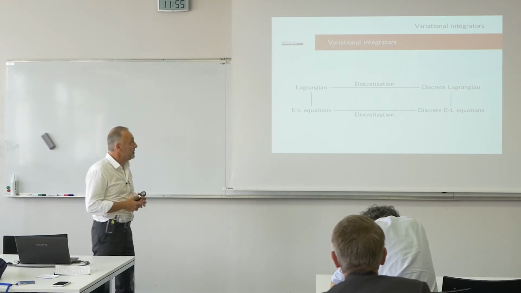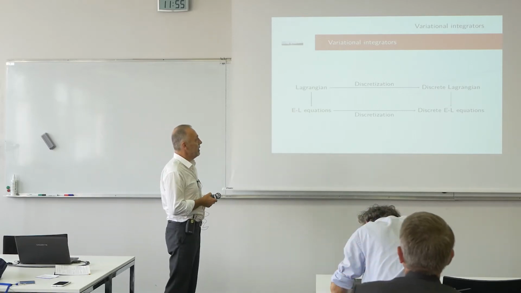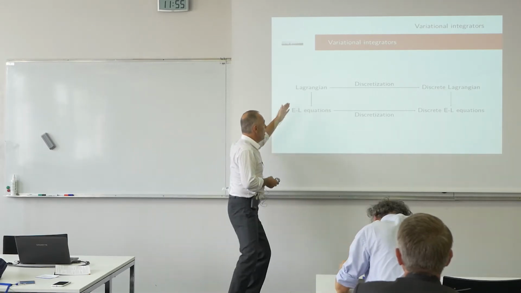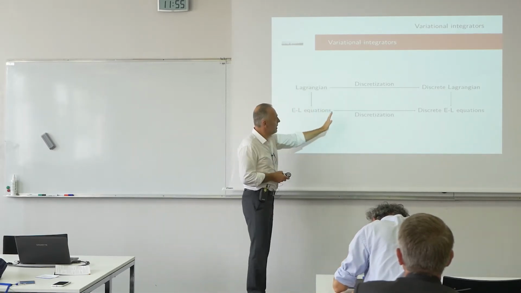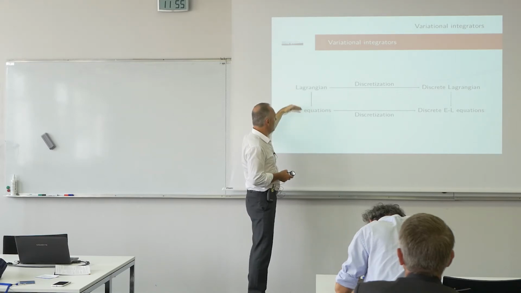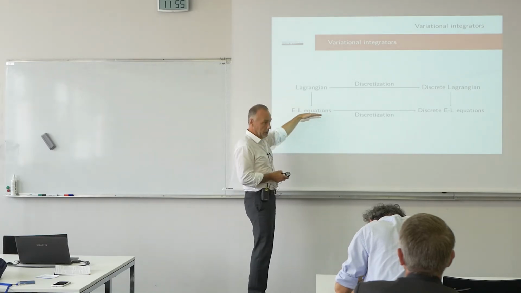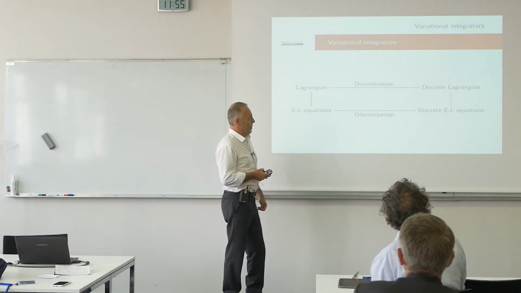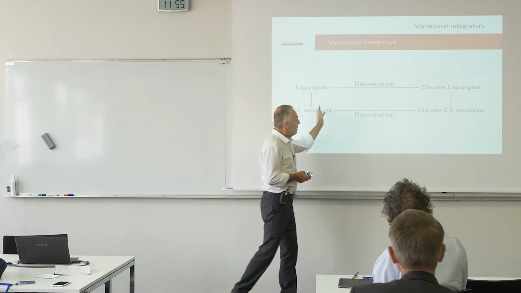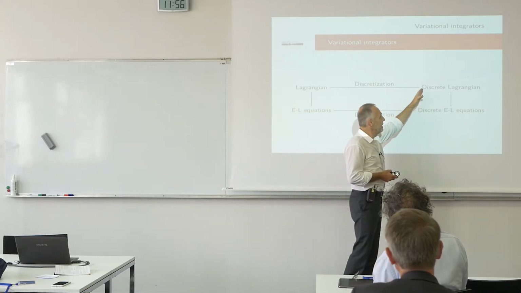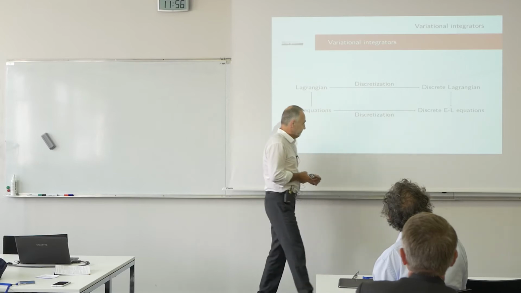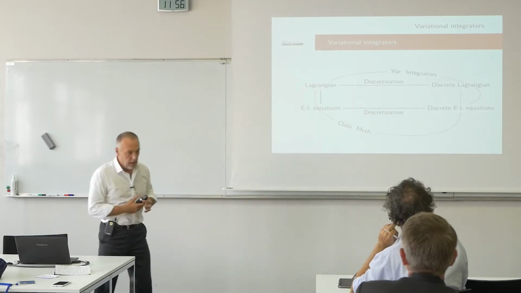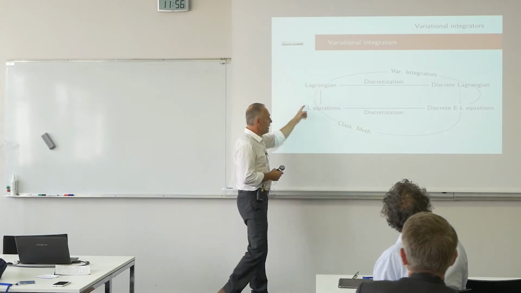So the other idea is to use variational integrators. The main idea is that when you are in the continuous part, you are dealing with a Lagrangian, then you will obtain the Euler equations, like we saw in the preceding presentations. And then you can do exactly the same thing in the discrete part. But usually, the classical methods do it like this.